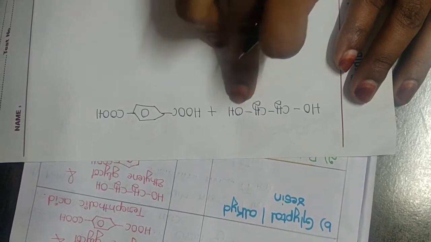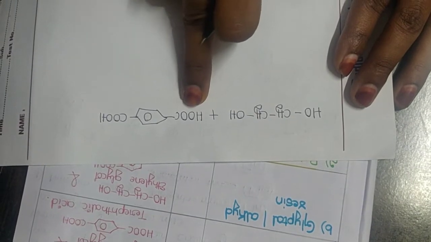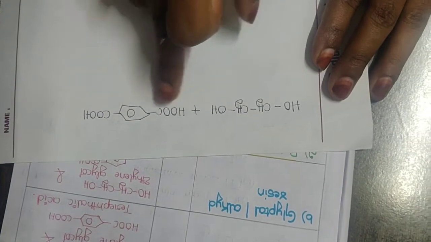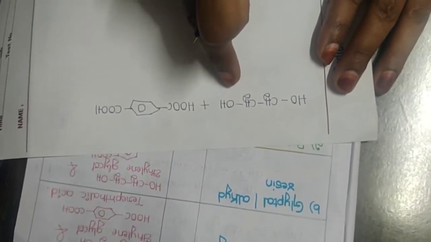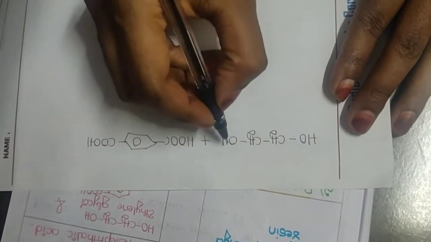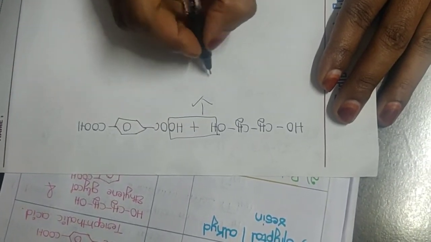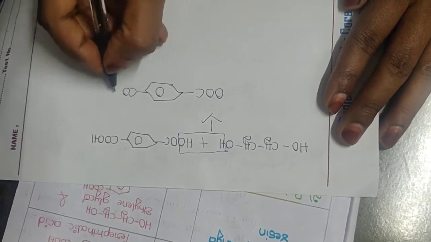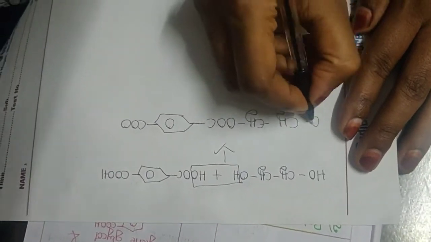Here I have alcohol, here I have acid, and we are well aware of one of the name reactions called the esterification reaction. What do you mean by esterification reaction? When an acid combines with an alcohol, we end up with an ester. Even here also, since I have an alcohol and an acid combining, I'll end up with an ester as a functional group. Therefore, it is under the category of polyester.